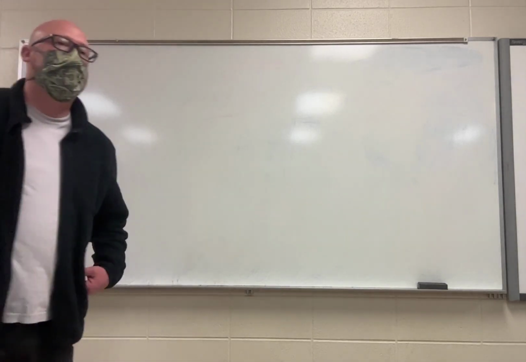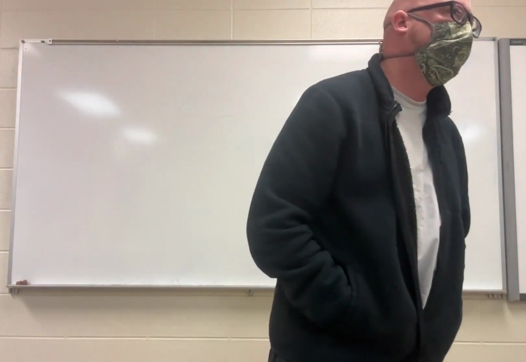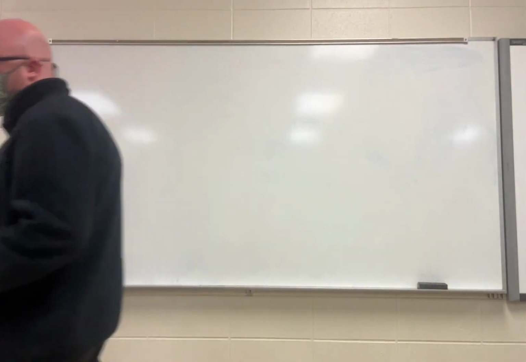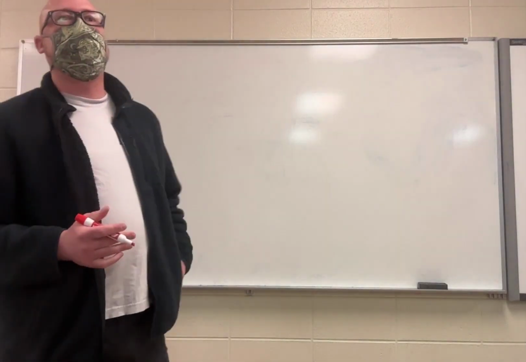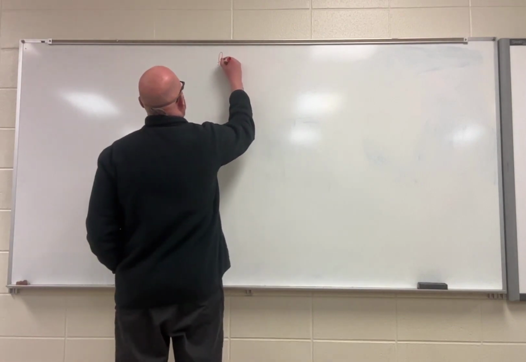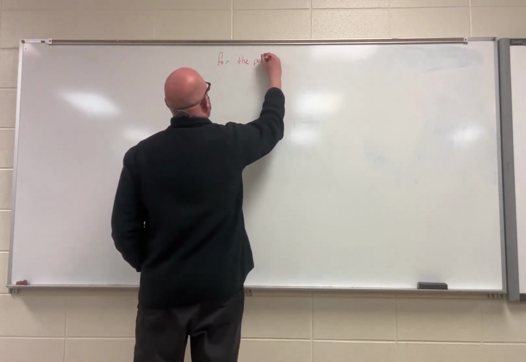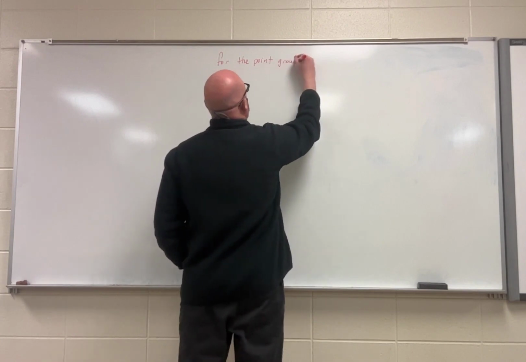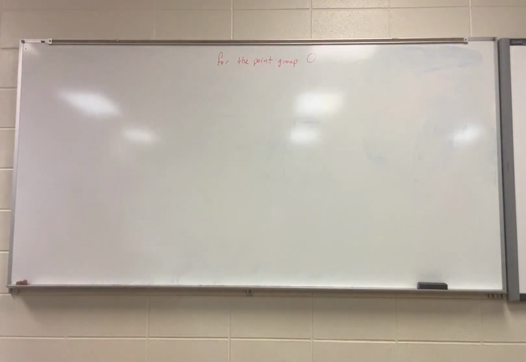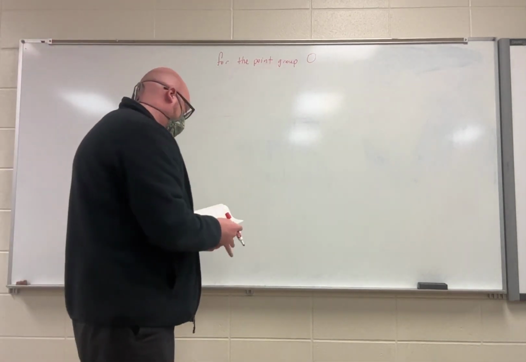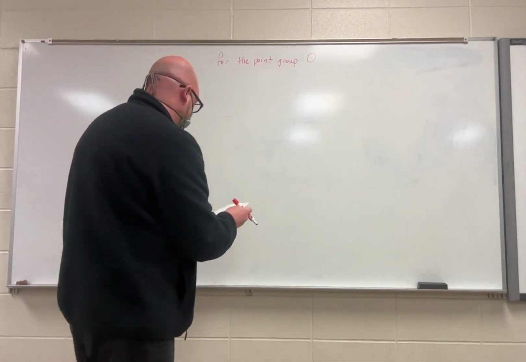Okay. I want to know the transformation of C2 prime. Okay. Well, let's see if we can figure that out. And we could just work this out for X, Y, Z. So for the point group O, let's get our character table and just make sure we have all of the symmetry operations for that group.